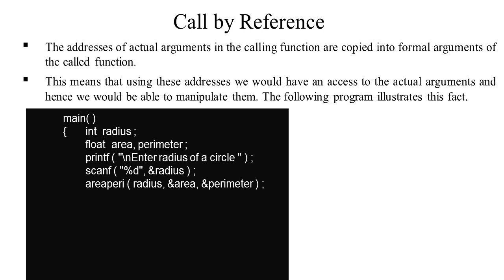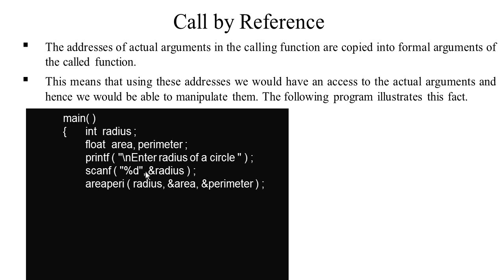So now you can see over here, the radius is passed as an input value, and over here you can see we are passing addresses. In the introduction to C programming, whenever we worked on the first program, I explained the scanf function.